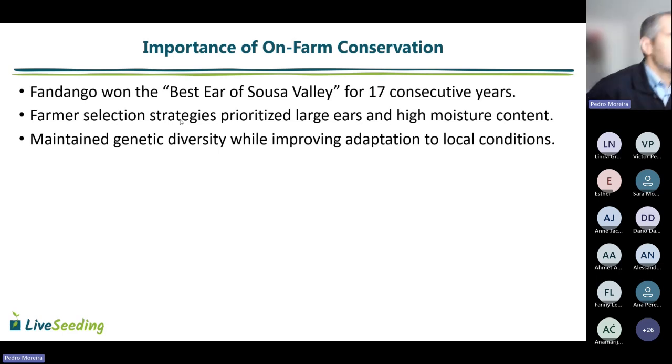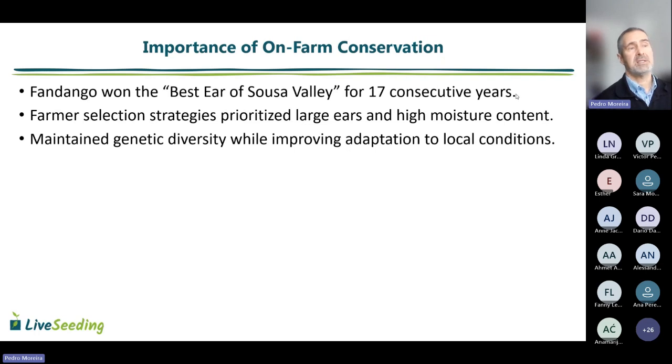Well, what was the importance of more on-farm conservation, or you could say engaging farmers with this? It was the best ear of Sousa Valley, and Fandango won for 17 consecutive years.